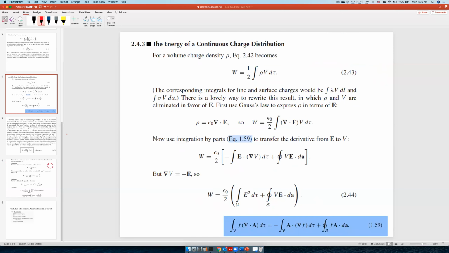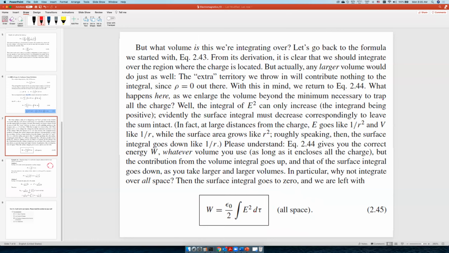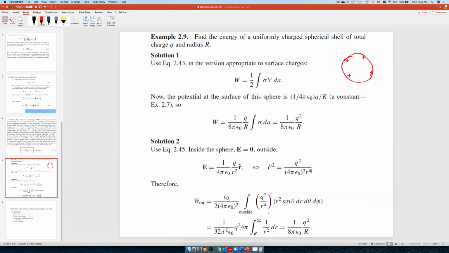And then the work you need to do is the integral of E squared dτ, which is shown here. What is dτ? In spherical coordinates, dτ is shown here. So if you do an integral of this term, finally you get the answer, which is here, which is the same, of course, as the first way.